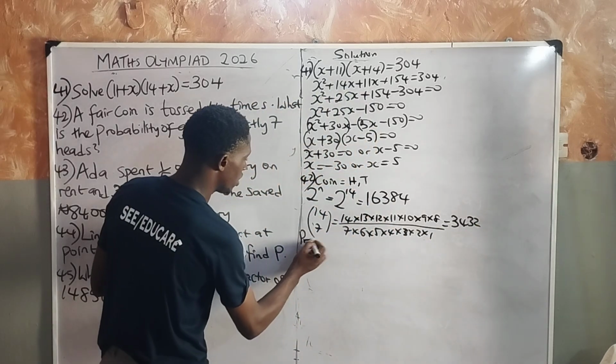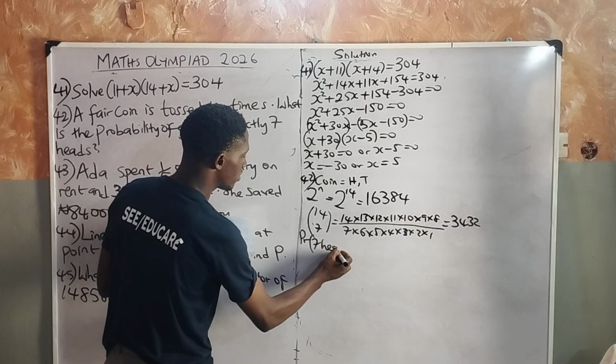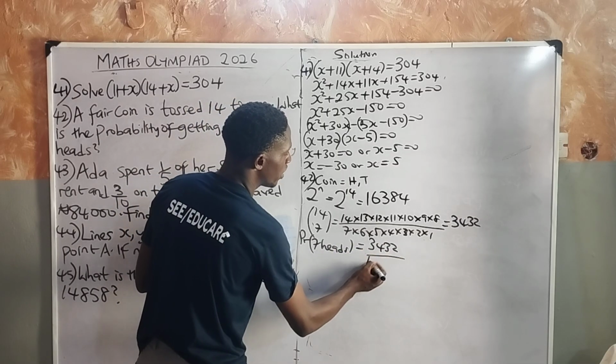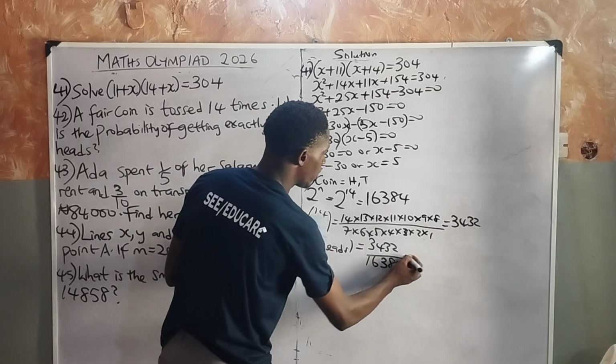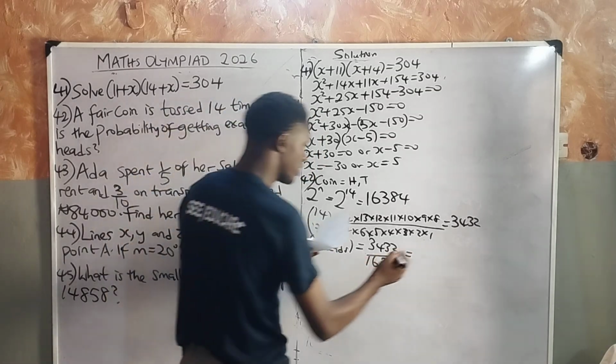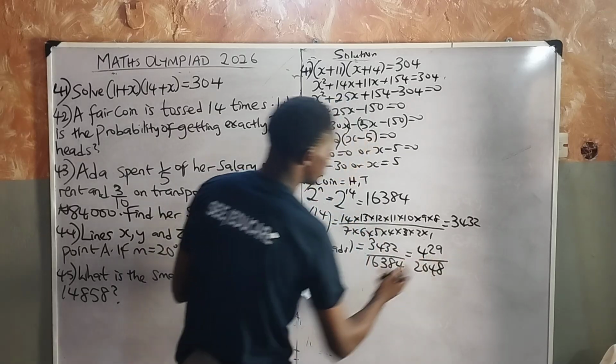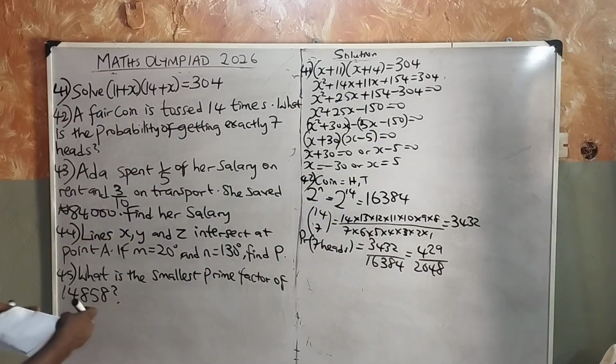So the probability of getting 7 heads is equal to 3432 over 16,384, which when reduced to its lowest term gives 429 over 2048. That is the final answer.